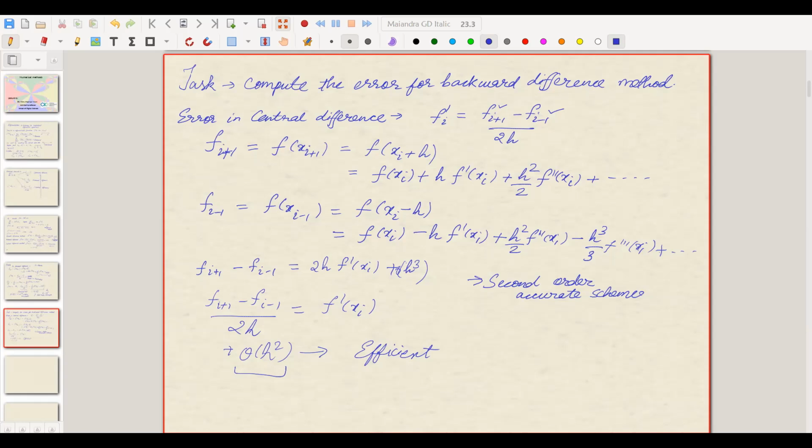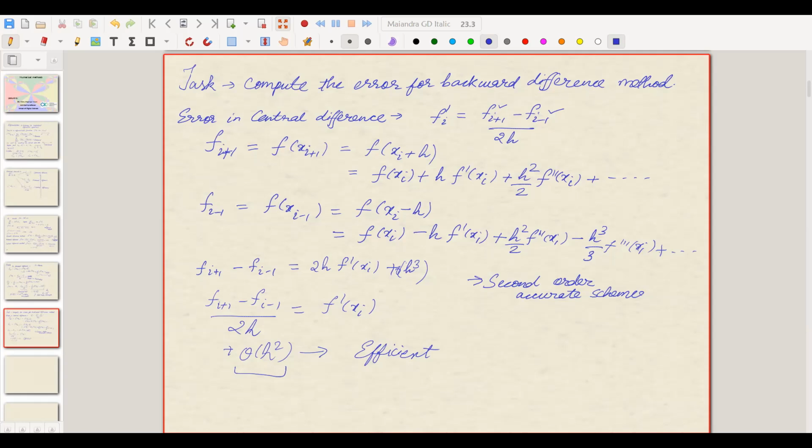As you can see, h is on the x-axis. When h is 10 to the minus 2, the error was high. Can you see that? Now as you slowly decrease h towards the left side, 10 to the minus 4, 10 to the minus 6, and so on, the error started decreasing.